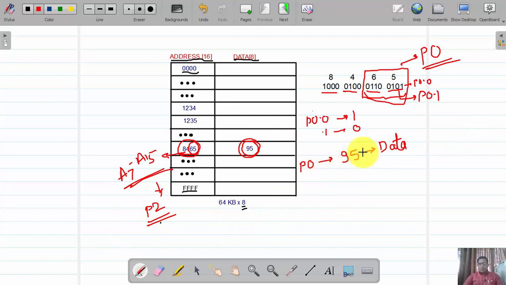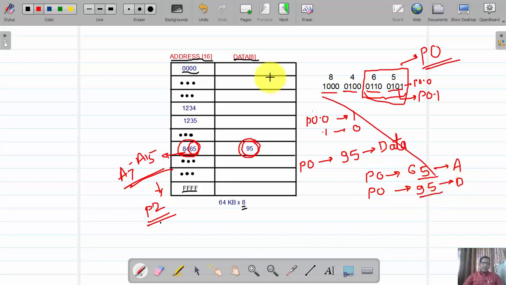So now focus here again. One thing is clear: at one instant port P0 carries the value 65, which is an address, and in the second case P0 carries the value 95, which is data. This differentiation, that is demultiplexing, is done by ALE.